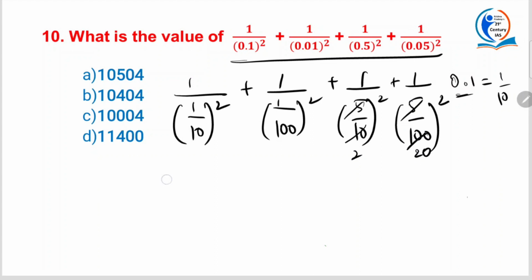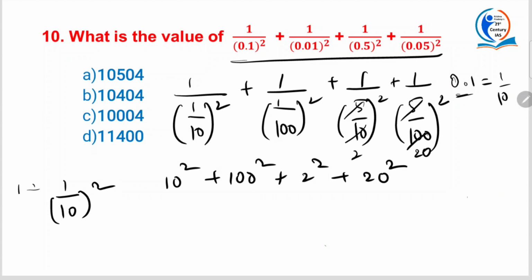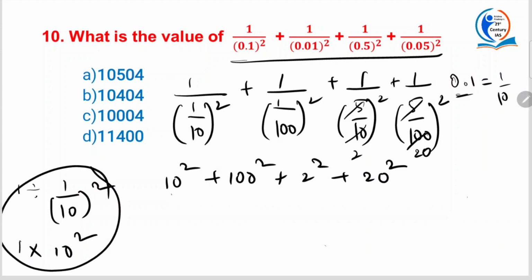So this one would become 10 square plus 100 square plus 2 square plus 20 square. Now how did I write this? 1 divided by 1 by 10 square now. So if you have to write it in multiplication, it will become 1 into 10 square. Alright, so that is the thing.